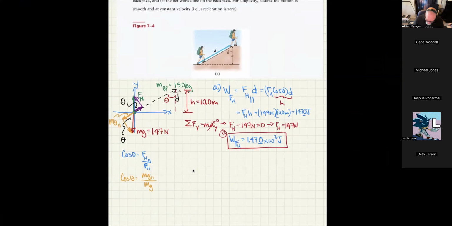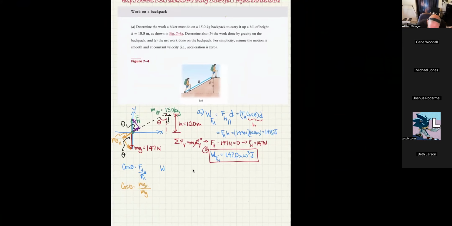Now we can calculate the work done by gravity. I'll call this work mg. I could also call it W with a capital G as a subscript, or W with a lowercase g as a subscript; it doesn't matter.